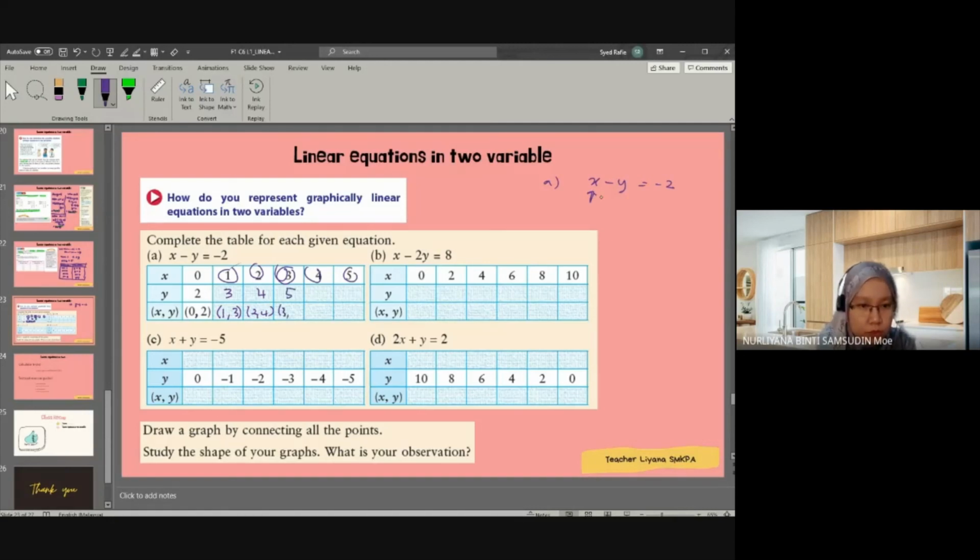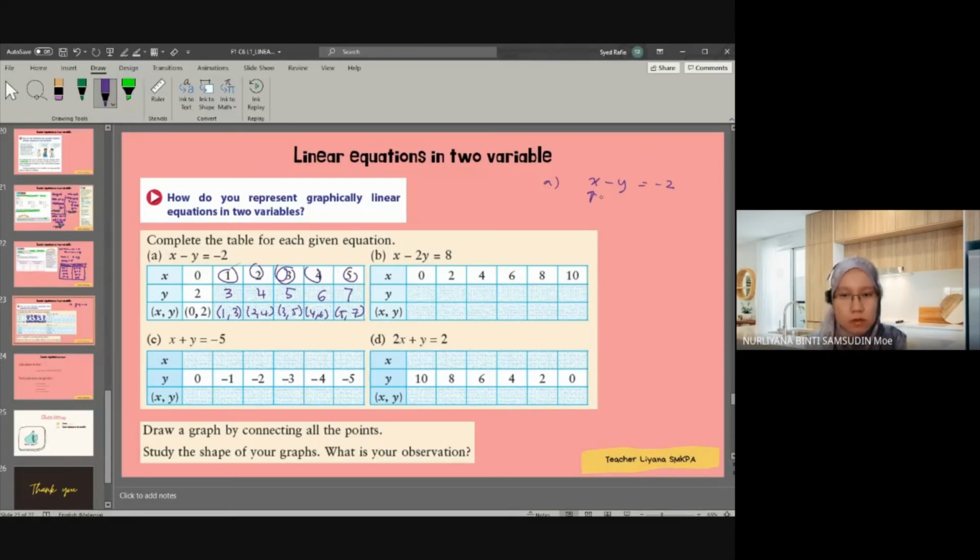So coordinate is 3, 5. Number 4, substitute x with 4. You get 6. And finally, when x is 5, here is 7. Coordinates are 4, 6 and 5, 7.